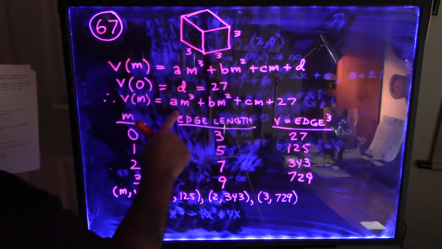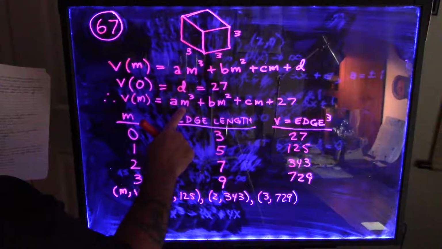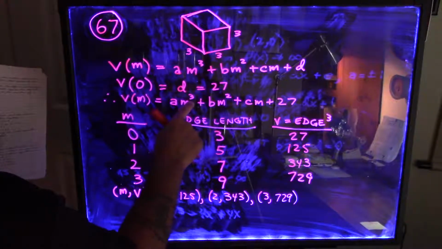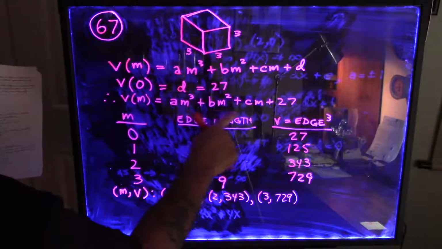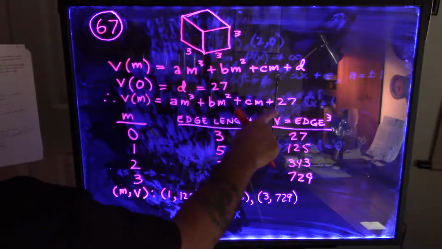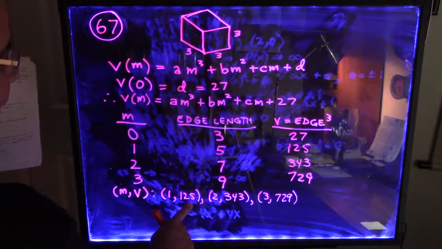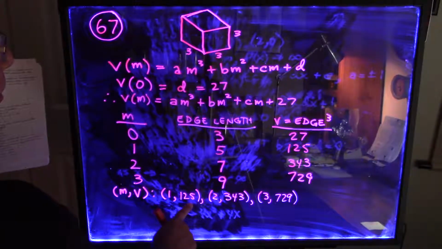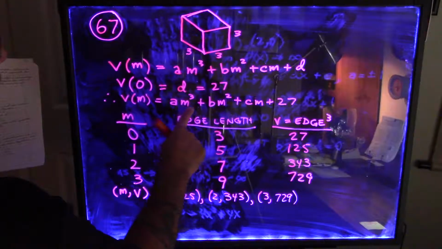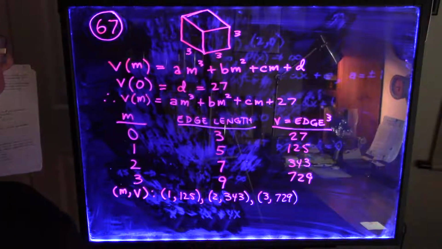For the first equation, you let m equal 1 here, here, and here. Then 1 cubed, 1 squared, and 1 are still 1. So you get a plus b plus c plus 27 equals 125. That would be our first equation. The second equation, you let m equal 2, calculate these values, and set it equal to 343, and then you'll have a third equation.